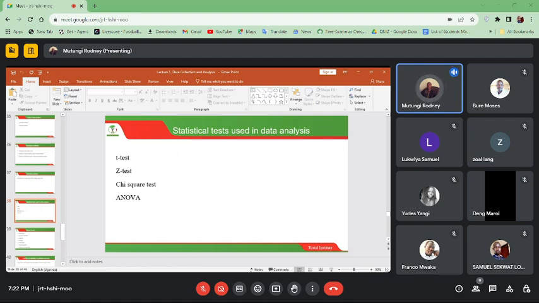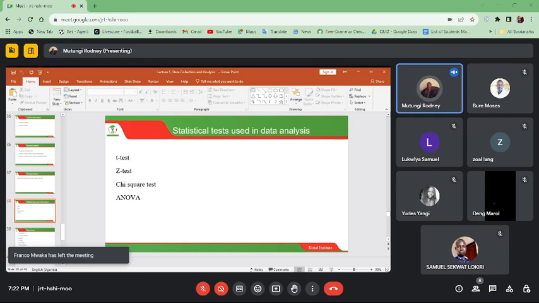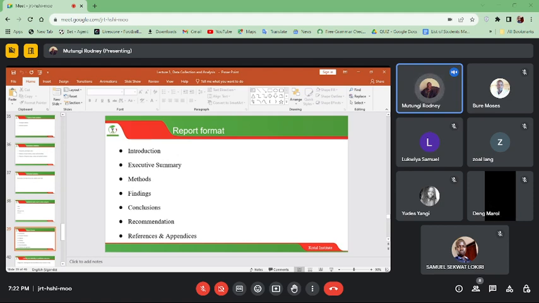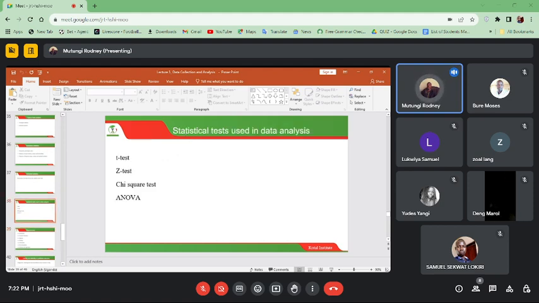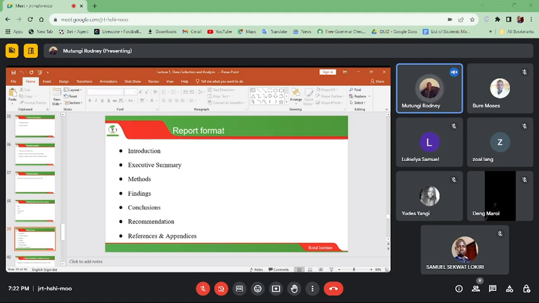Okay, so you do these tests to bring out the fact that the relationship between the two variables, for example, education and nutrition status, is strong and should be paid attention to. Okay, then the other tests are also better appreciated when you learn that statistical software, but they're important to know. So after you've done analysis, like we said, you report.